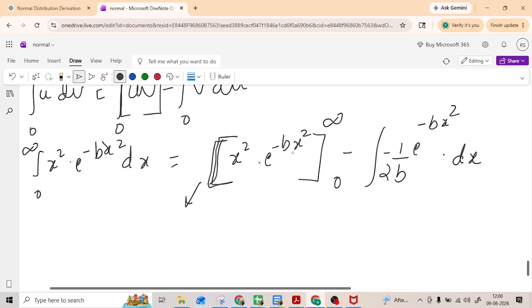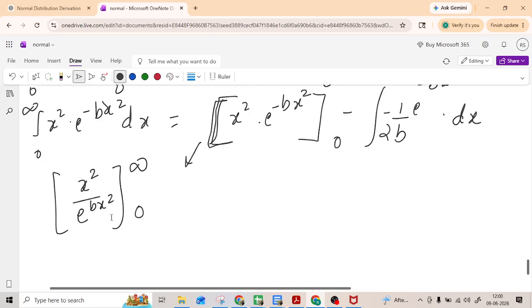So it would be infinity square times e raised to the power minus bx square, the infinity term. But as you would see, we could also write it as x square divided by e raised to the power bx square. Now if you look into this, one is polynomial, the other is exponential. The exponential term tends to suppress the behavior of the polynomial, which means that the denominator would increase rapidly as compared to the term in the numerator, so it would become infinity quite rapidly as compared to this term.